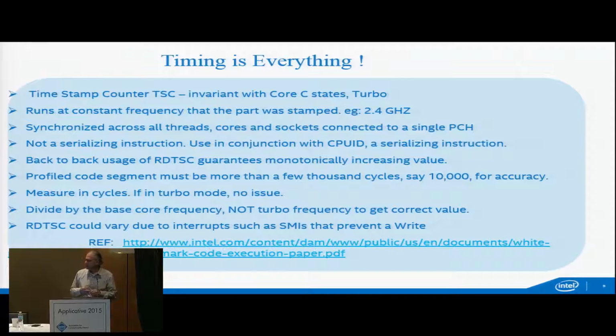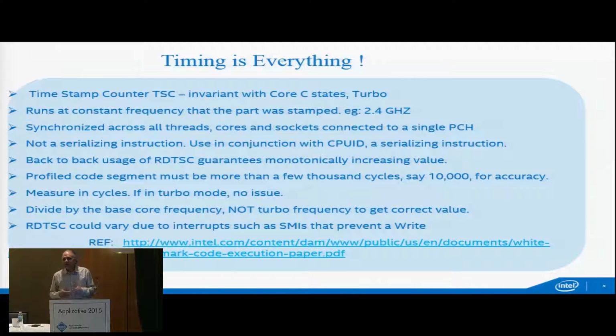I don't know if you guys use Haswells as yet. So the point is, it runs at a constant frequency. It's synchronized across all cores and sockets, as long as you don't need a multi-node controller, as in an IBM or an HP 12-node box. As long as you stay within the same node, it's synchronized and it's the same.